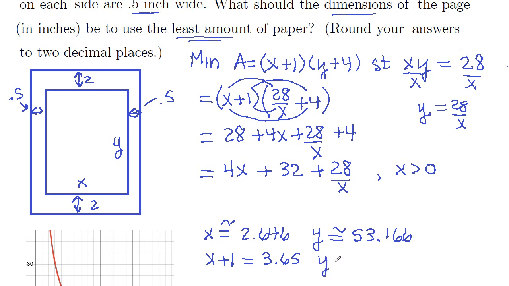And then y plus 4 would be 53 plus 4, 57.166, so 17. So that would be the least amount of paper. Those are the dimensions. They didn't ask us what would be the area. If they asked the area, we would just multiply these two together.